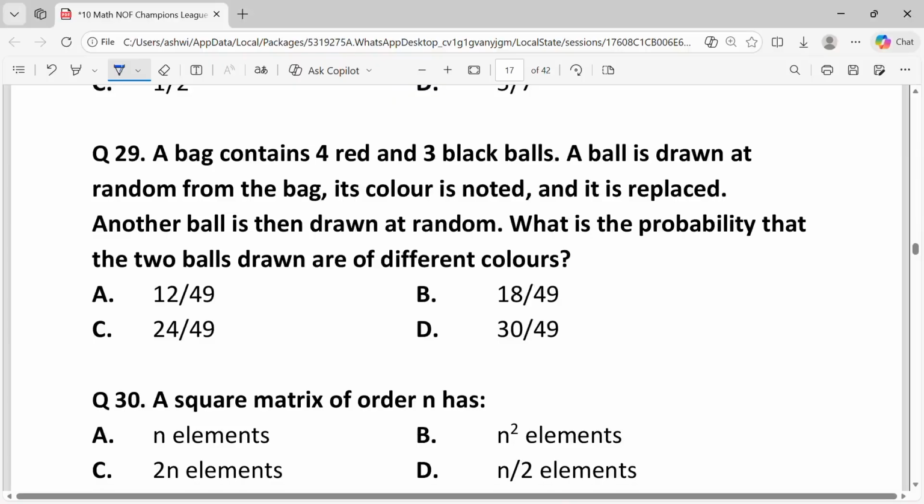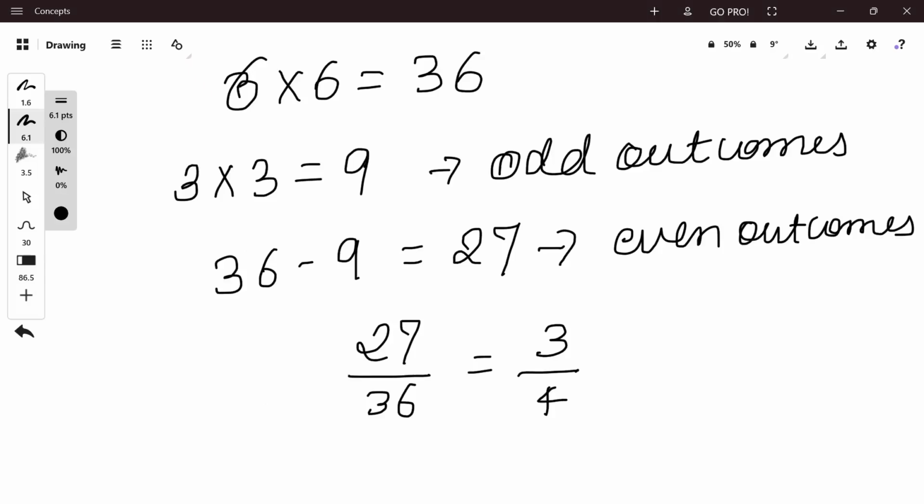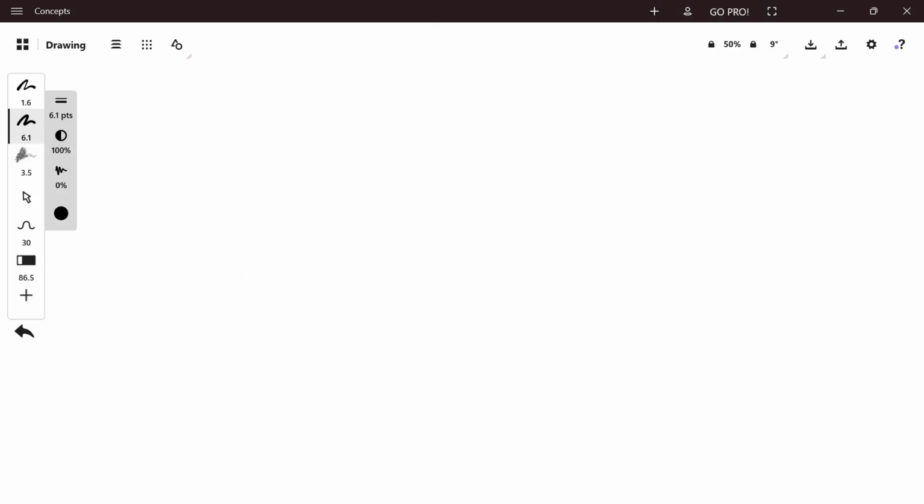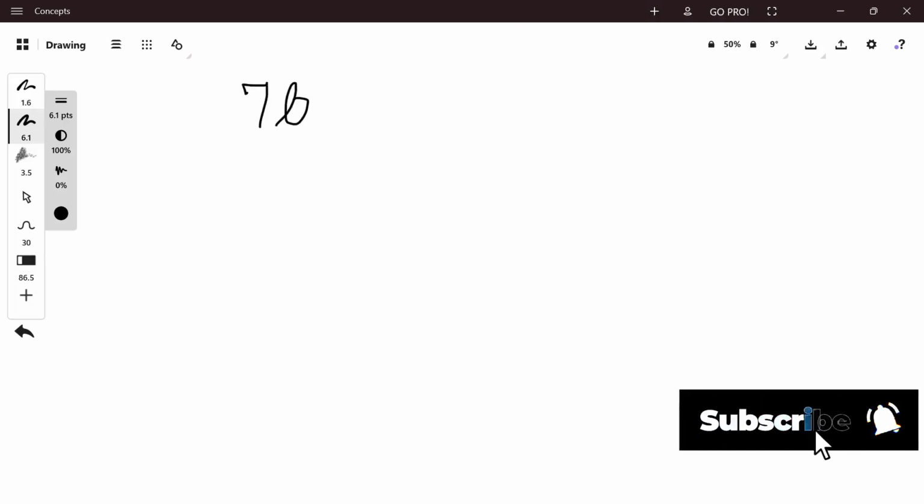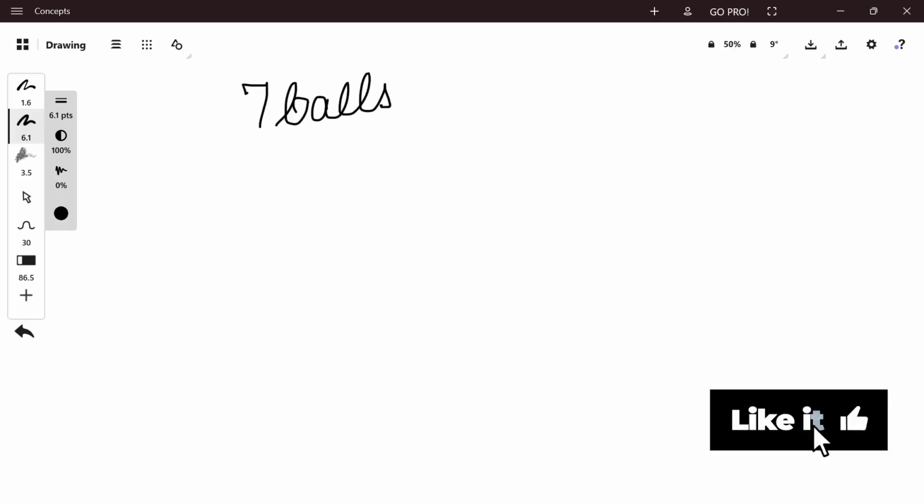Question 29. A bag contains 4 red balls and 3 black balls. A ball is drawn at random from the bag. Its color is noted and it is replaced. Another ball is then drawn at random. What is the probability that the two balls drawn are of different colors? Total number of balls is 3 plus 4, that is 7 balls.